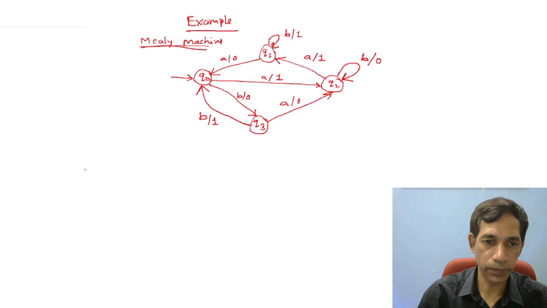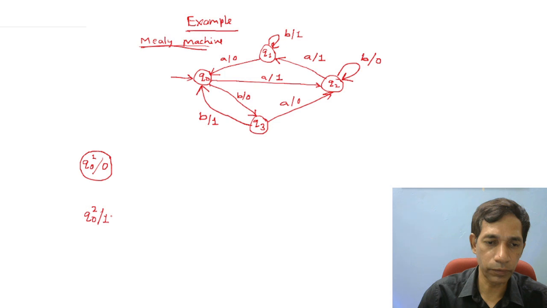We have Q0, and this is the first copy, and this is for the output 0. This is one copy, the other copy is Q0, the second copy, and this is for the output 1.